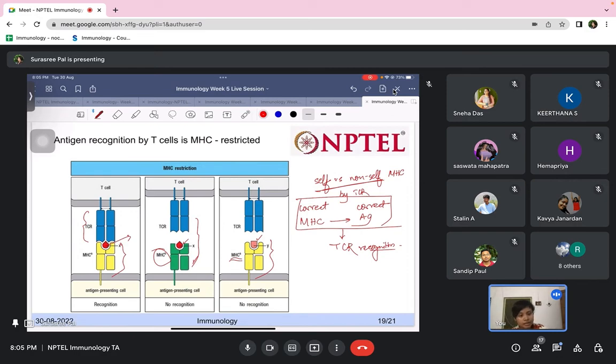T cells which generate an immune response against non-self MHC molecules are called alloreactive T cells.